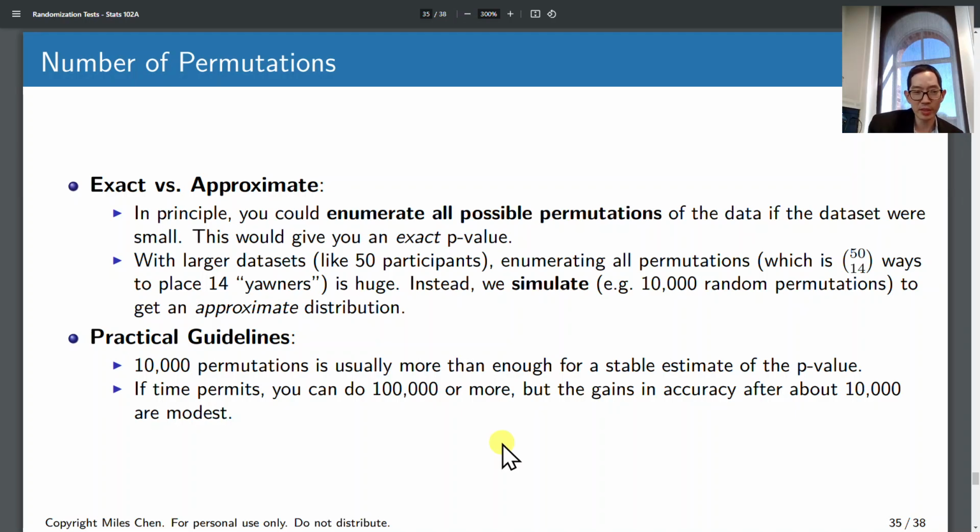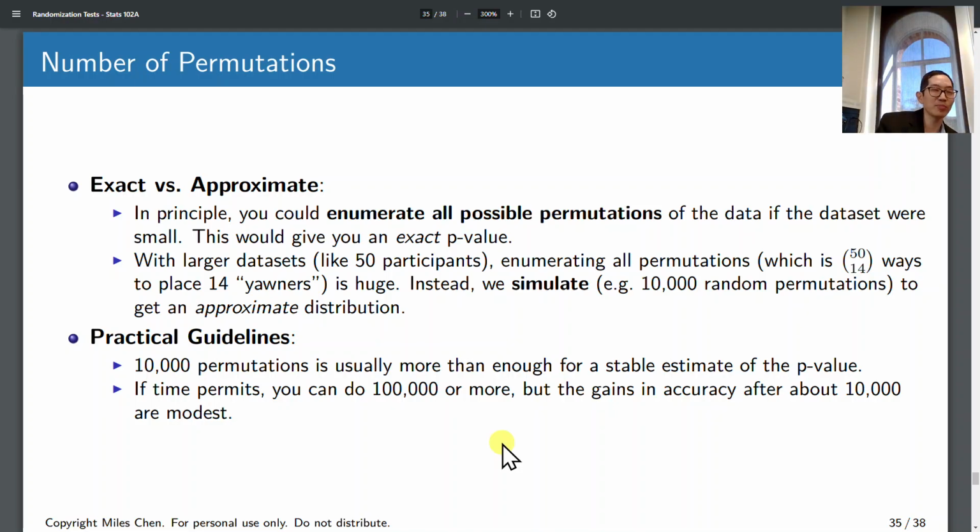Now, for any finite sample, it is possible to enumerate all possible permutations. Okay. And that would give you an exact p-value, right? But for a data set like this, enumerating every single possible arrangement, there's a lot. It would be 50 choose 14, okay? As far as how many possible ways there are to do this.